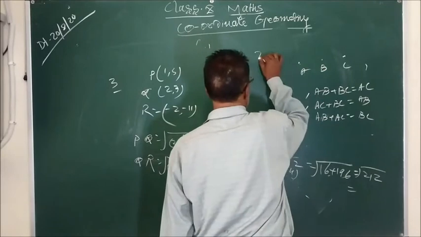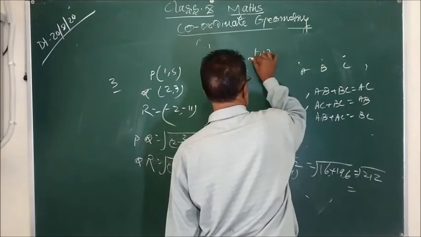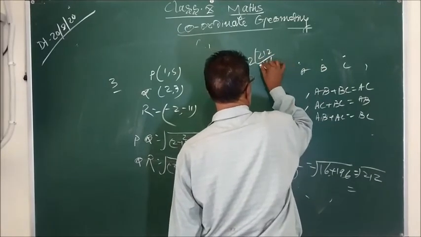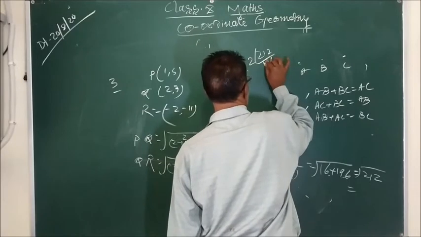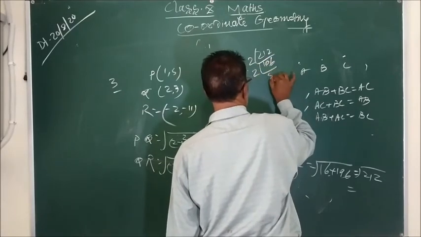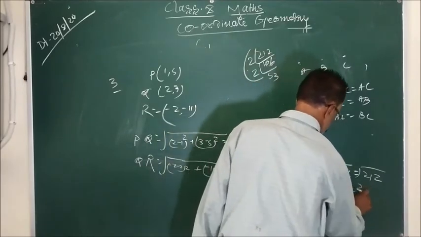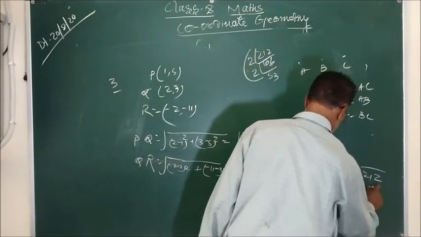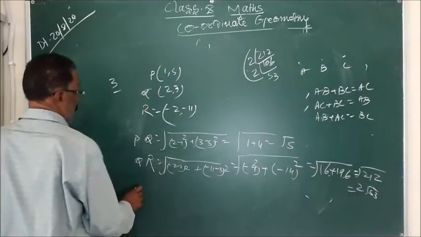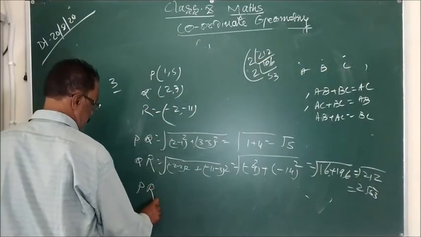And 212 we can find in the simplest form like this: 106, 53. ये इसमें से 2 निकल जाएगा, so 2 root 53 units.